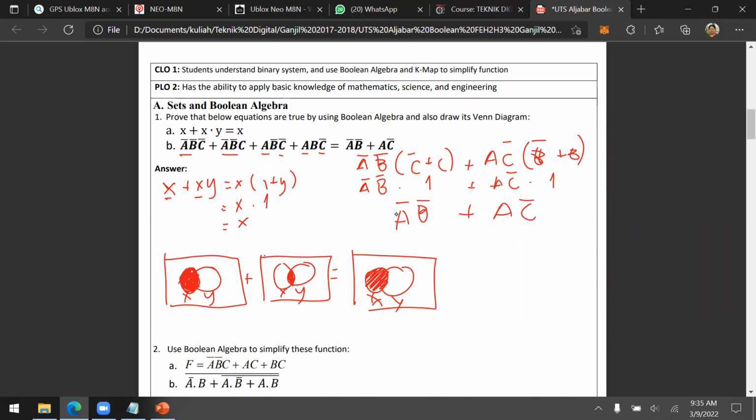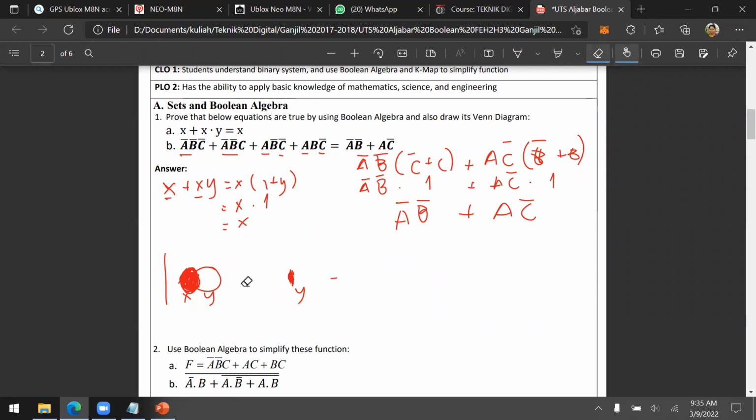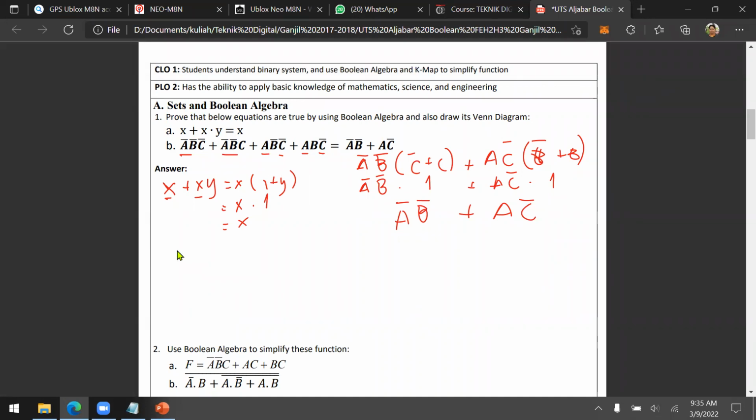Okay. Now, how about its Venn diagram? Okay, it's a little bit complex. Let's try to remove this one first. Now, the first one is, this is A, B, C. A naught, B naught, C naught is actually which one?